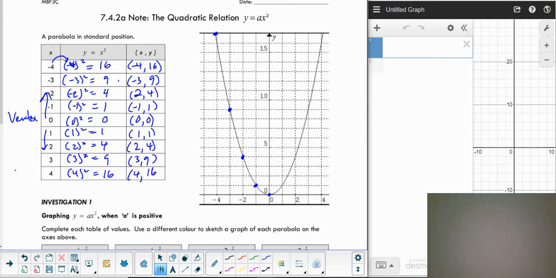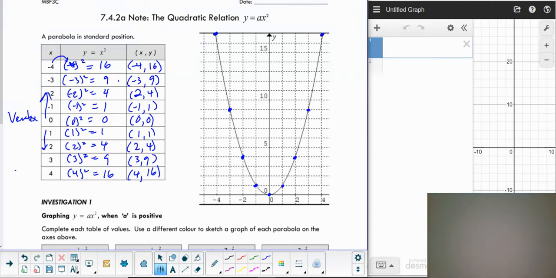So it's a mirror image of itself. So on this side, we have 1, 1. We have 2 and 4. 3 and 9. And 4 and 16.